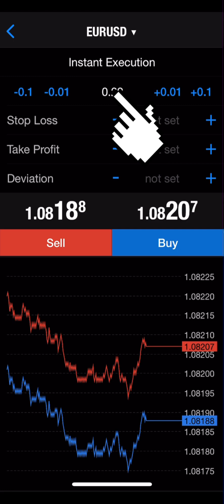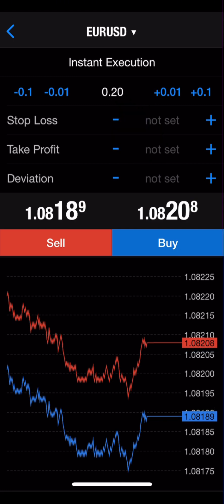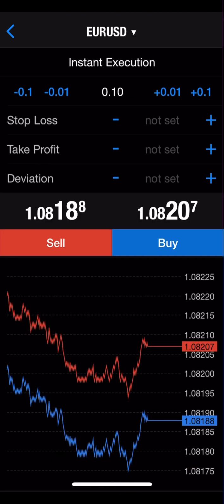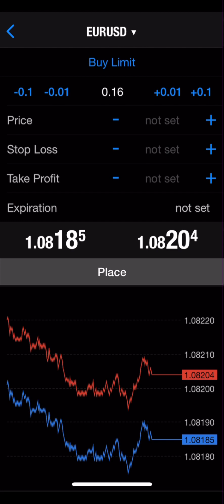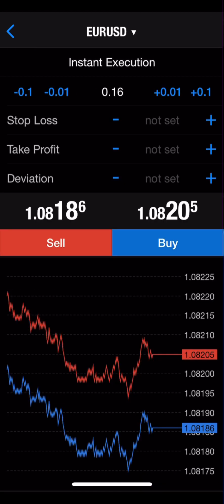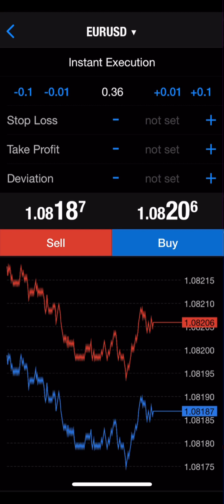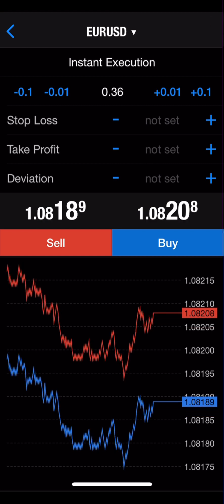So this is what decides how much you're willing to risk in terms of your account, and it also depends on your account size. So the bigger your account, the more you can increase your lot size. So basically, your lot size is how much you are willing to risk or how much you want to buy or sell on a particular Forex pair, right?